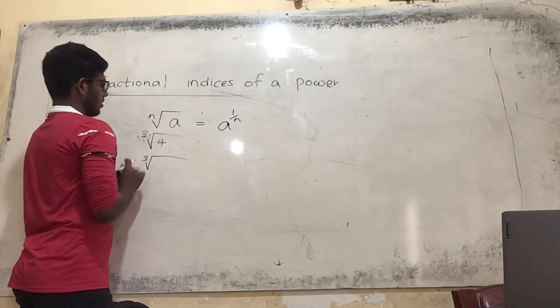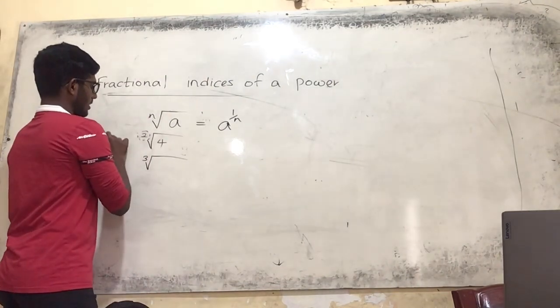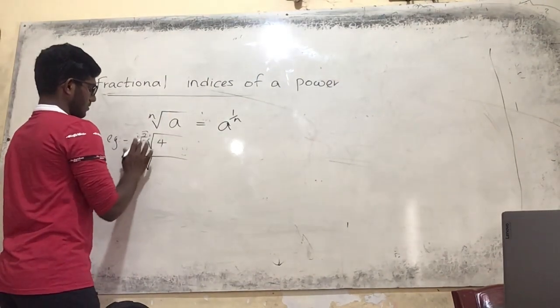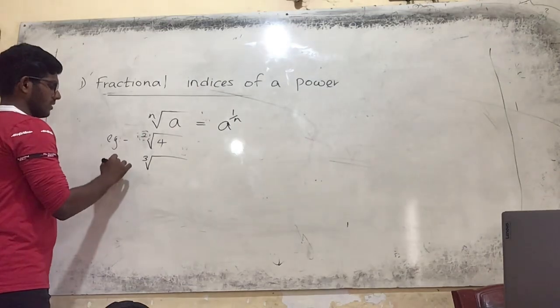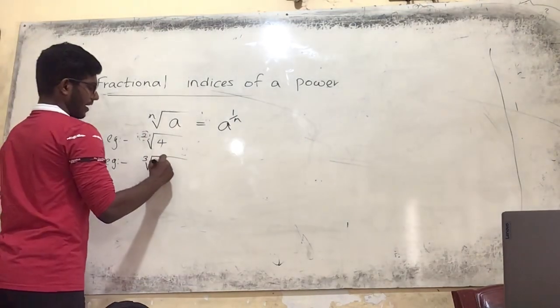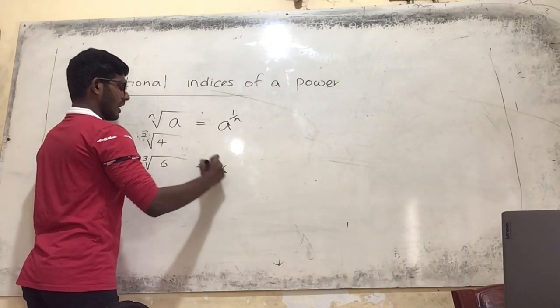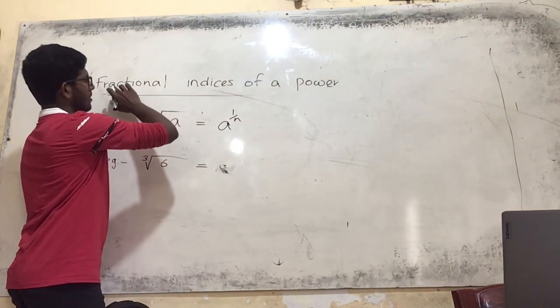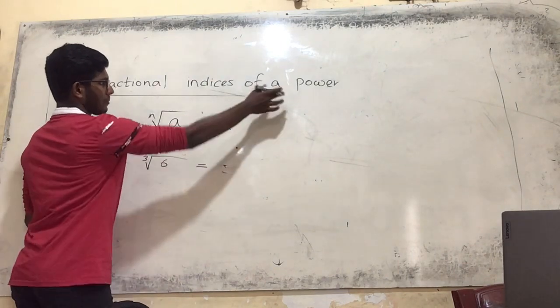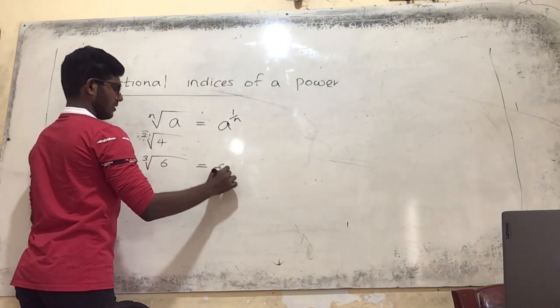What do we do? For example, I'll take the one below first. Say I have the cube root of 6. How can you represent this with the power as a fraction?